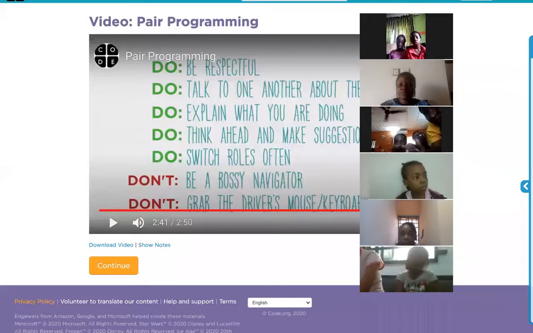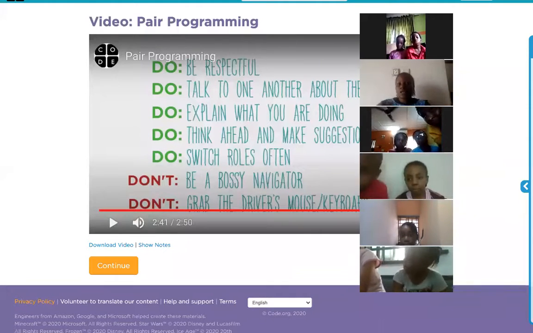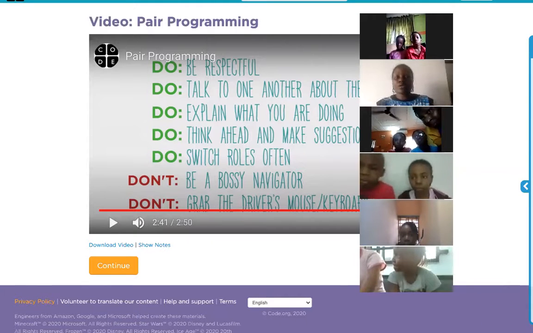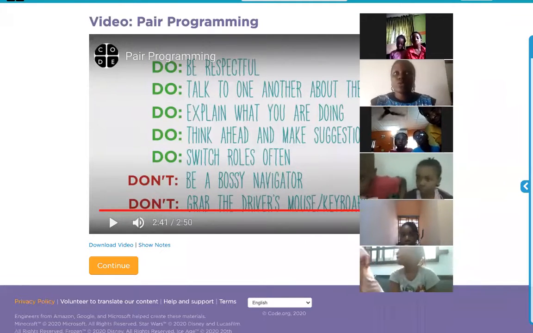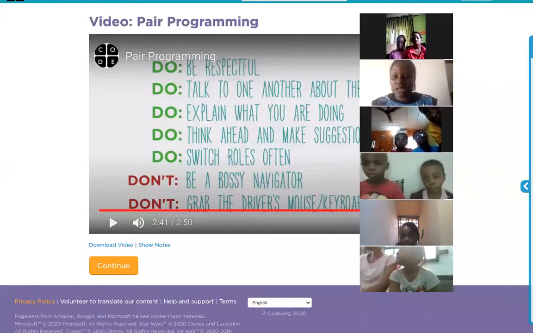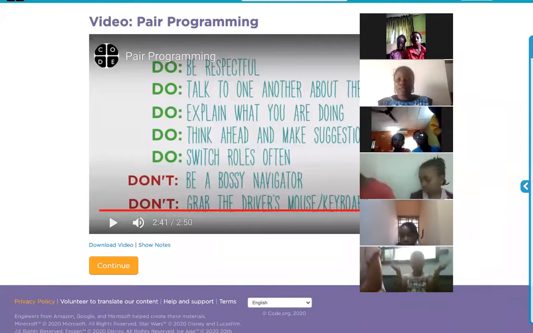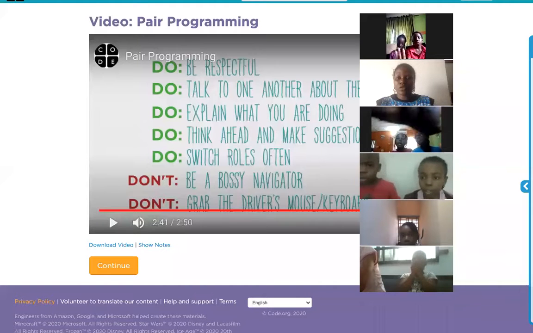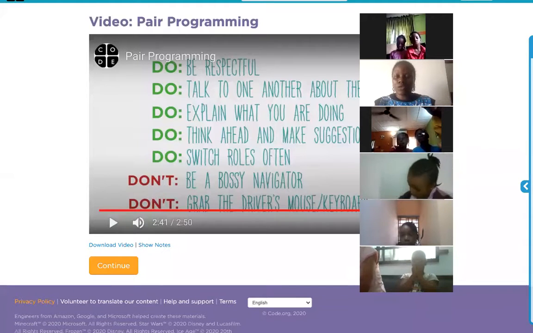So it's very important that before you and your brother, or your sister, or your friend go into pair programming, you ask the other person, what do you want to be? Do you want to be the driver, or the navigator? By the time you decide, you start working in your roles.